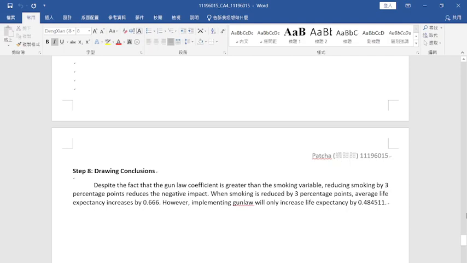So are they comparable? No. Why? I don't know how to compare. Why is it not comparable?